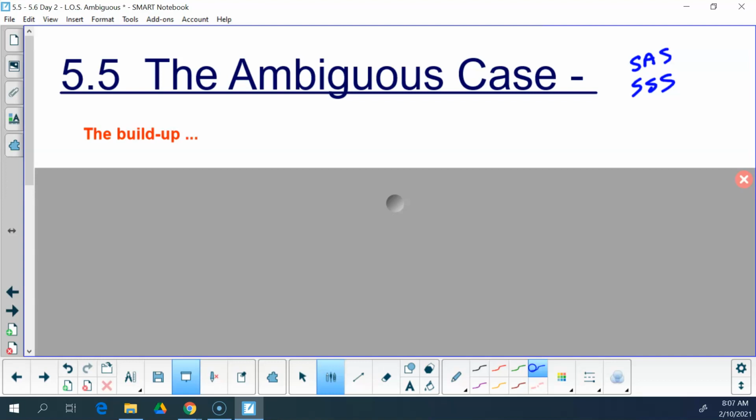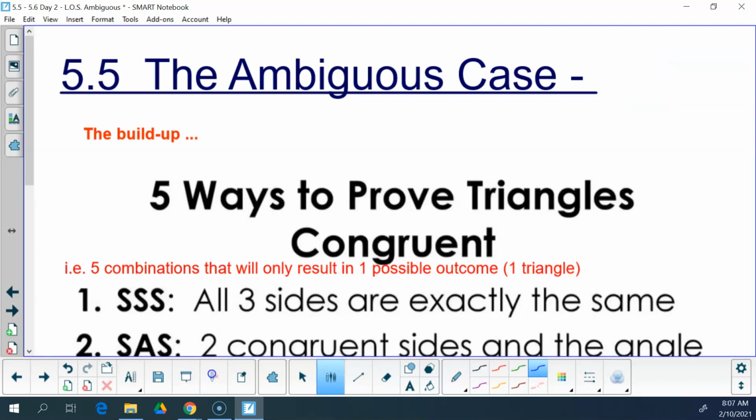Anybody at home got a way to prove 2 triangles are congruent? Angle side angle. Okay?